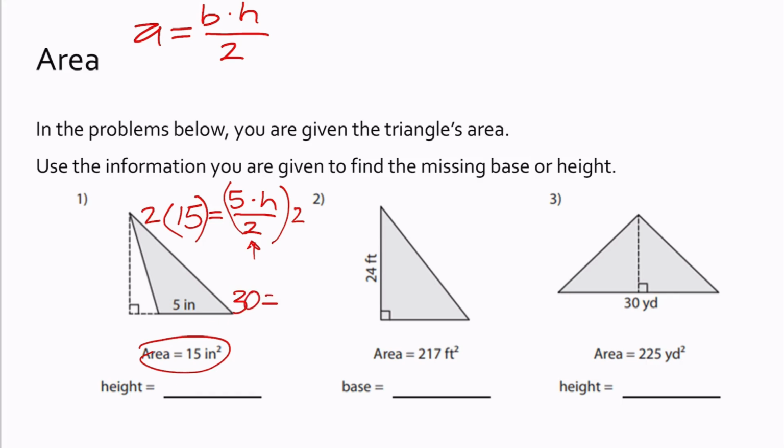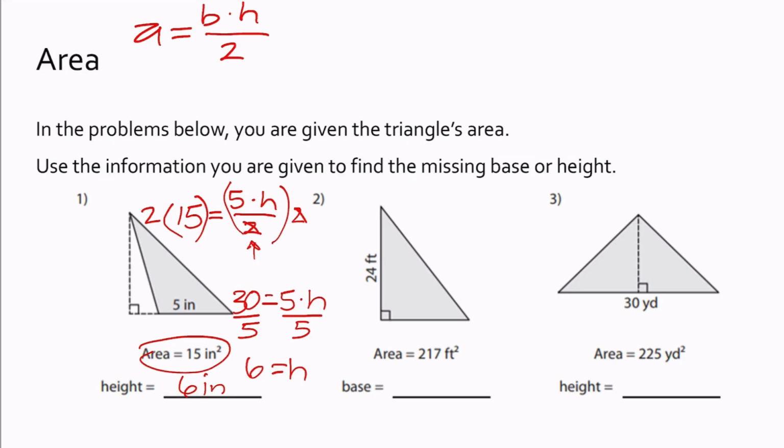And then since I've multiplied this by 2, it really just cancels that out. So I have 5 times the height equals 30. And now I'm multiplying by 5, so I can divide both sides by 5. And I get that my height is 6. 6 inches is my height.